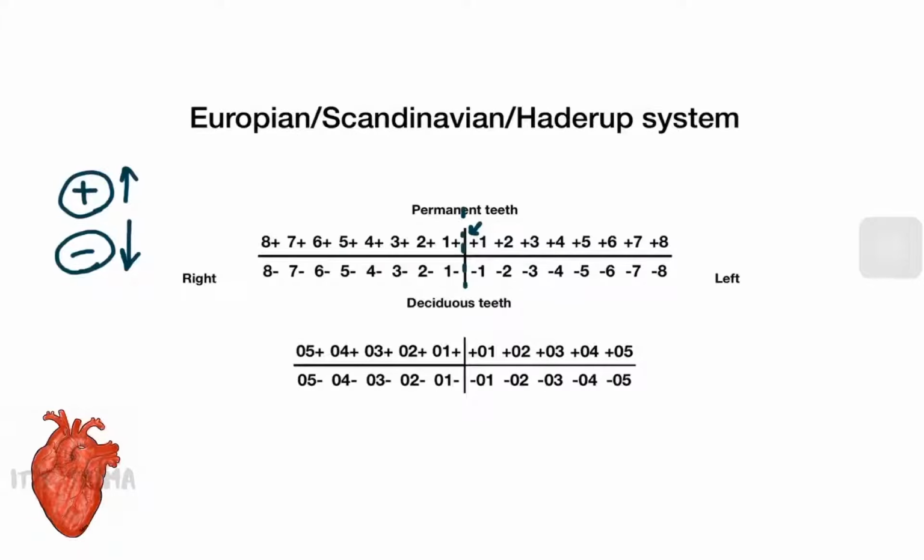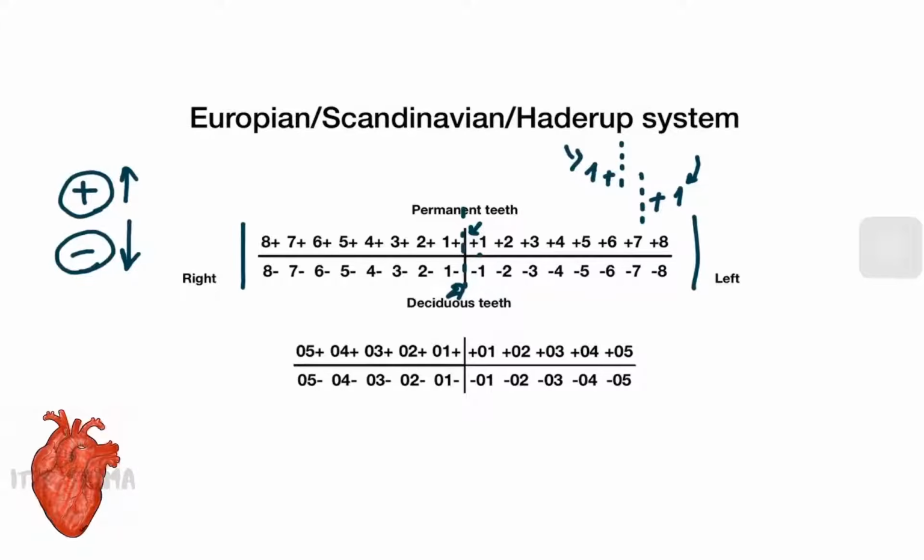It means that in 1 plus and plus 1, the plus must always be near the midline. So we draw the midline and we understand that this must be the right central incisor, upper, and this one must be the left central incisor.